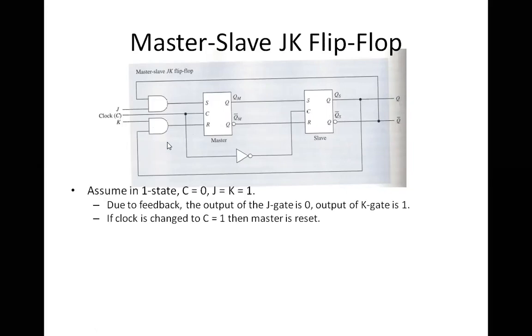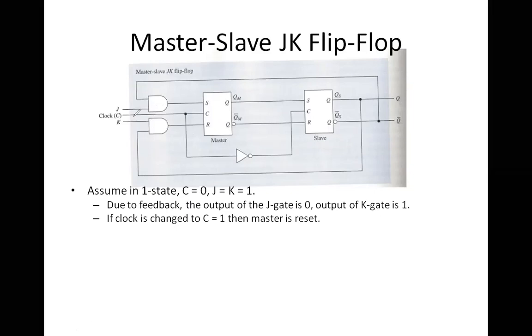Okay, fine. Now let us take the first case. Let us assume in the first state, when C is equal to 0, J and K both are 1. We will quickly see what is going to happen.